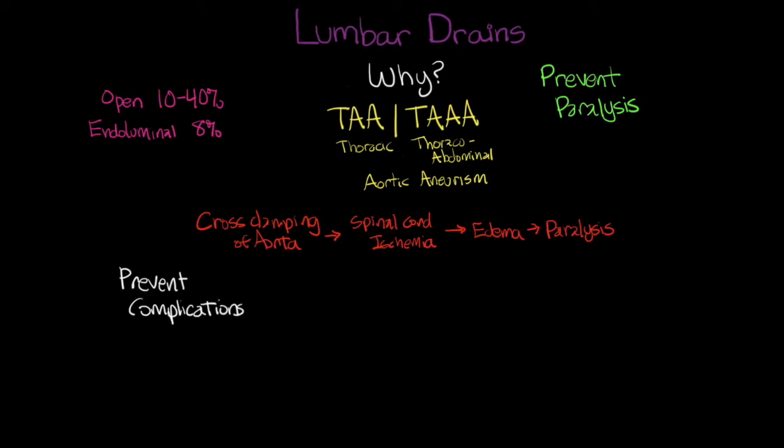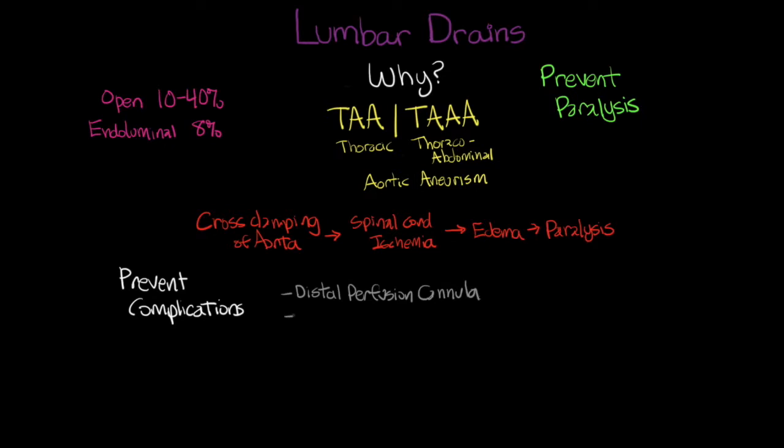One thing that they can do in the OR is put in what they call a distal perfusion cannula. Basically this just helps to perfuse blood to distal portions of the body where we are not getting good blood flow. Again, this is something the surgeons are going to do intraoperatively.